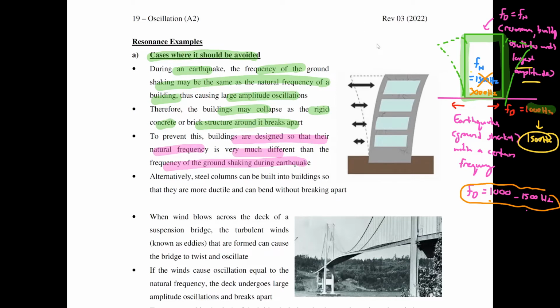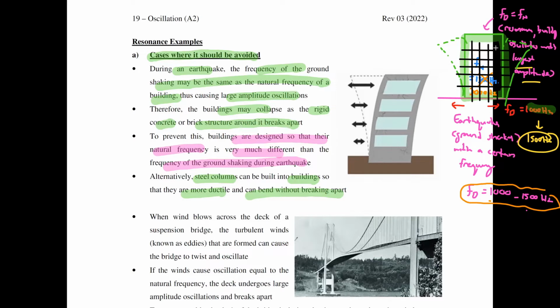Alternatively, other than changing your building's natural frequency, you can also build steel columns into the building so that your building is more ductile and can bend more without breaking apart. What this means is that you run steel beams into your building like this so that it can bend more without breaking.